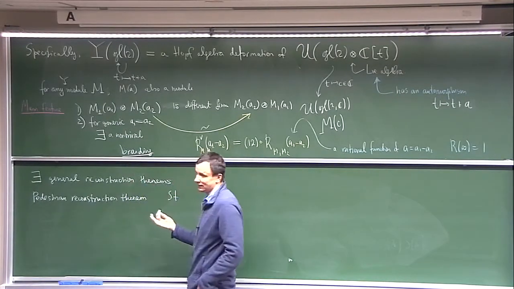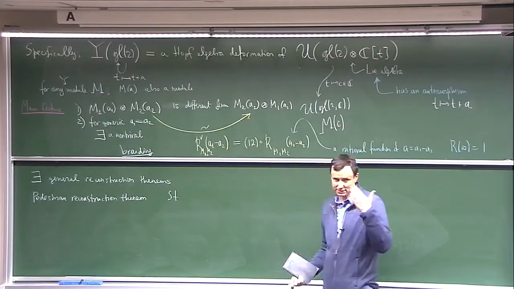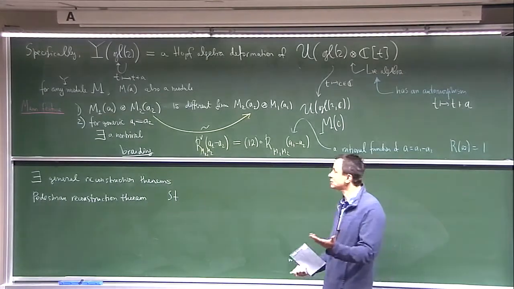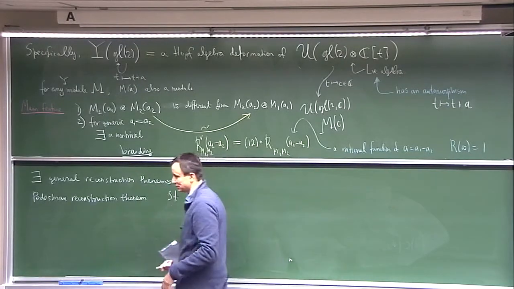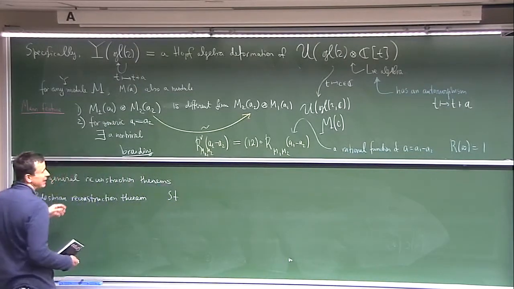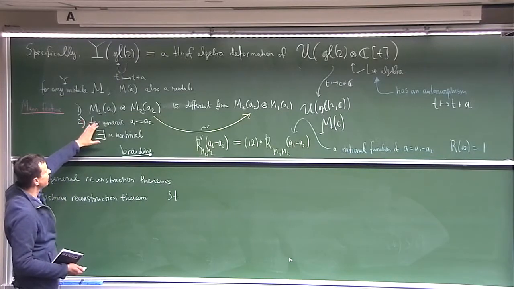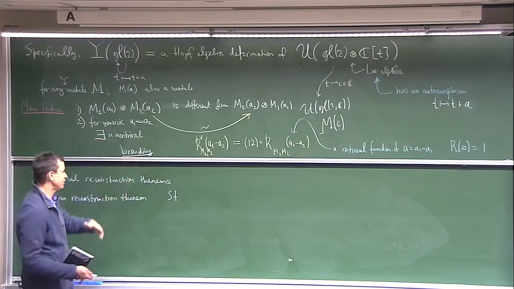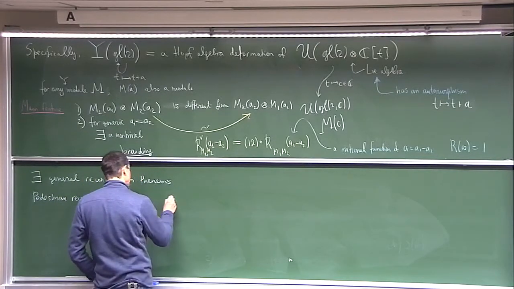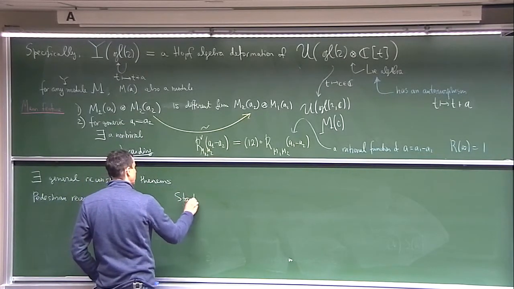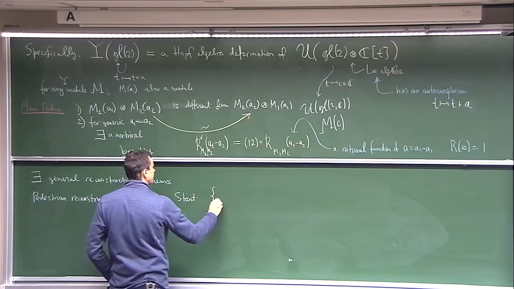The ingredient of this pedestrian reconstruction theorem is a bunch of vector spaces. Like I said, you can consider modules over some ring, or vector spaces over a field, which is good enough for us now. You start with a collection of vector spaces, say M_i.